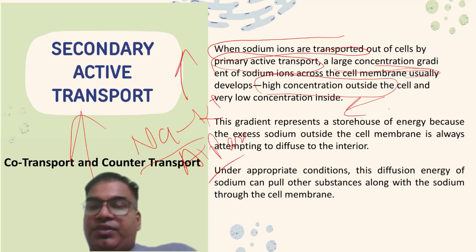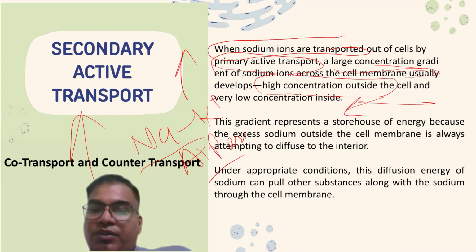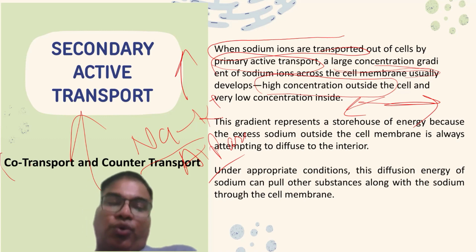So this movement of sodium will cause a higher concentration outside the cell and a lower concentration inside the cell. So sodium will always have a tendency to move inside the cell. This gradient will help the movement of other ions. That's why it is called co-transport.